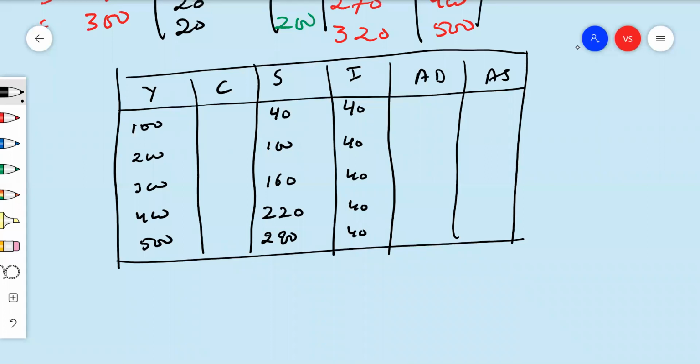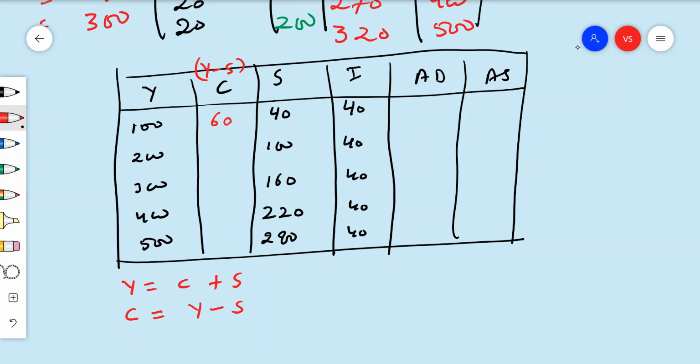So students, this is the question you have to solve, and look here, S is given, and you know that Y equals C plus S. Therefore, if Y and S are both given, you can calculate C. The C formula will be Y minus S. So 100 minus 40 equals 60.